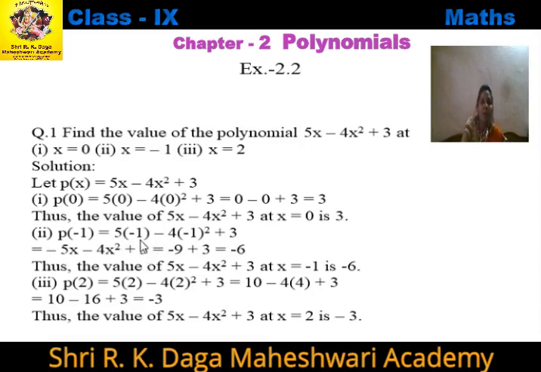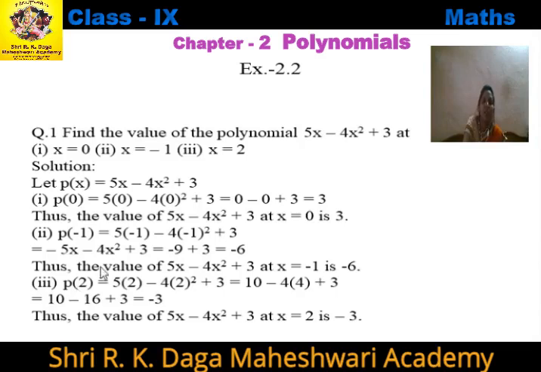Now 5 into minus 1 is minus 5, minus 4 into minus 1 square, that is 1, so minus 4, plus 3. Now minus 5 and minus 4 is equal to minus 9 plus 3. Minus 9 plus 3 equal to minus 6. Thus the value of this polynomial at x equal to minus 1 is minus 6.